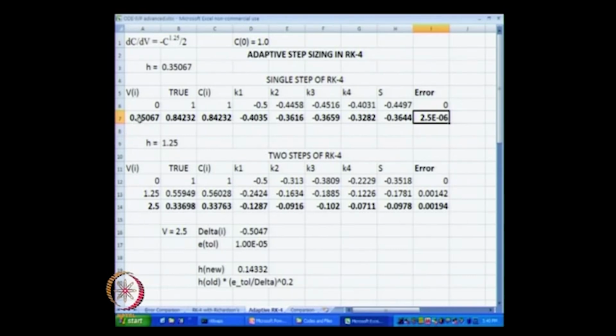So, we are going from 0.35 to 1.05 in 2 steps, then we will go from 0.35 to 1.05 in a single step. Find the delta value by taking the difference between the concentration values that we obtained over here. Okay. And based on this delta value and based on this particular formula, we will compute the new h, and we will keep repeating this over and over again until we reach the volume V equal to 5.